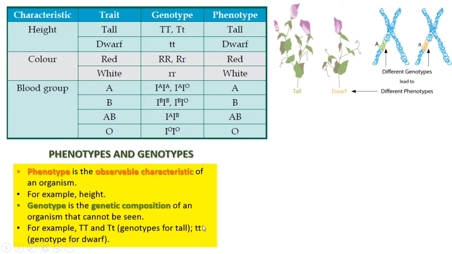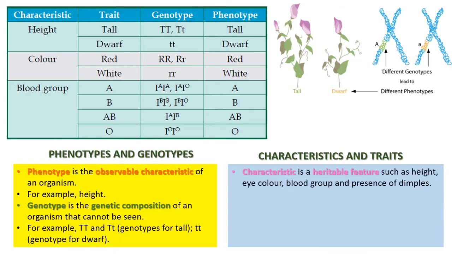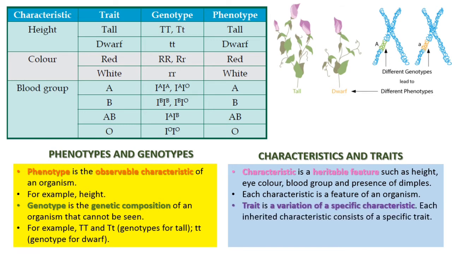Okay, characteristic and traits tadi. Characteristic is heritable feature, such as height, eye color, blood group, presence of dimples. Each characteristic is a feature of an organism. Trait is a variation of a specific characteristic.